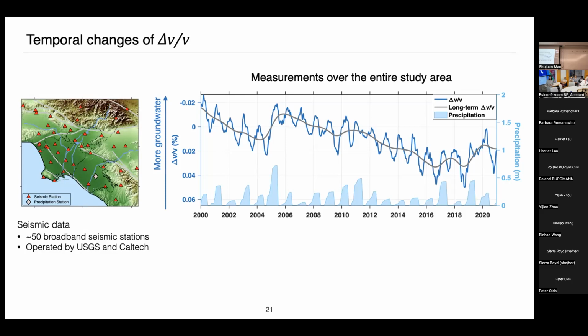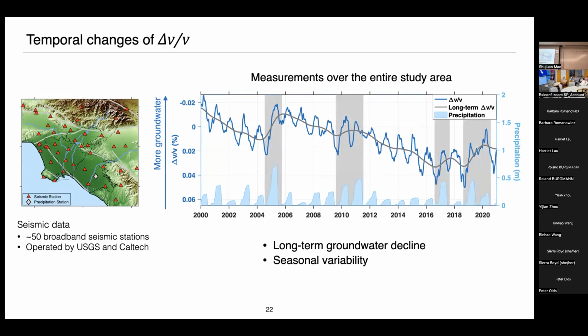This gray line shows an overall decreasing trend over the past two decades, suggesting an overall decline of groundwater in the study area due to the long-term dearth of precipitation. This decreasing trend was interrupted by several briefly increasing episodes corresponding to years with some storms. And the blue line shows that superimposed on these long-term trends are seasonal fluctuations associated with the seasonal hydrologic cycles.